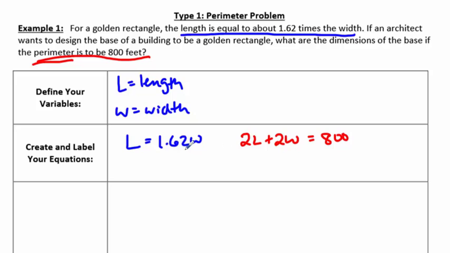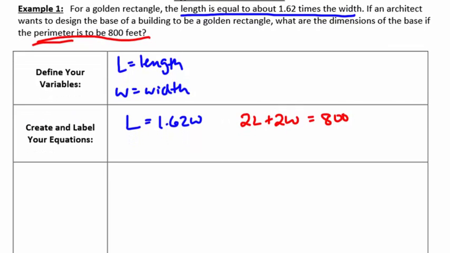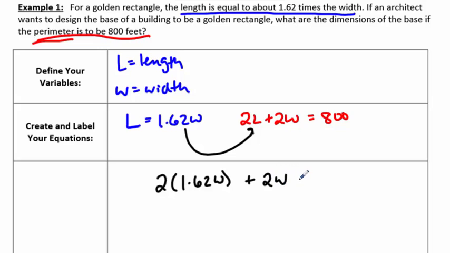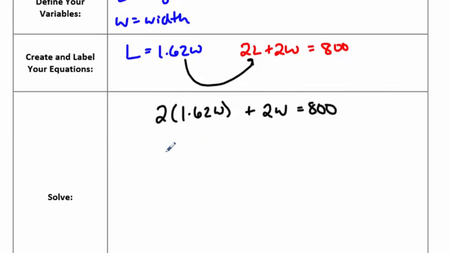I have my two equations, and I want to solve this system. My technique can be either substitution or elimination, but because I know what L is equal to, it makes the most sense for us to use the substitution method. So when we solve, we're going to have 2 times 1.62 W in place of L plus 2W equals 800. 2 times 1.62 is 3.24 W plus 2W equals 800.